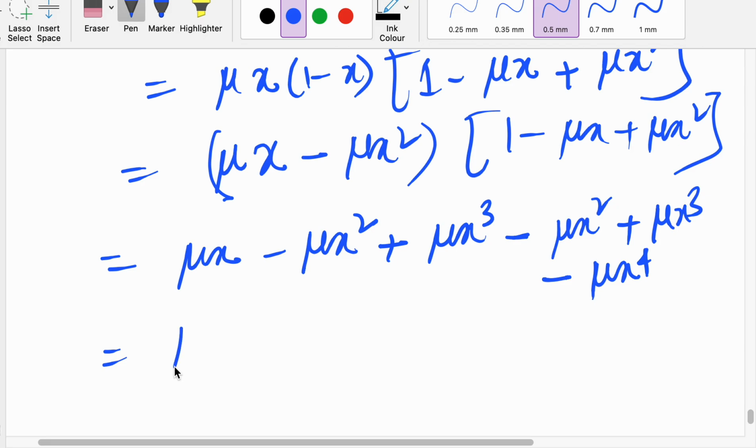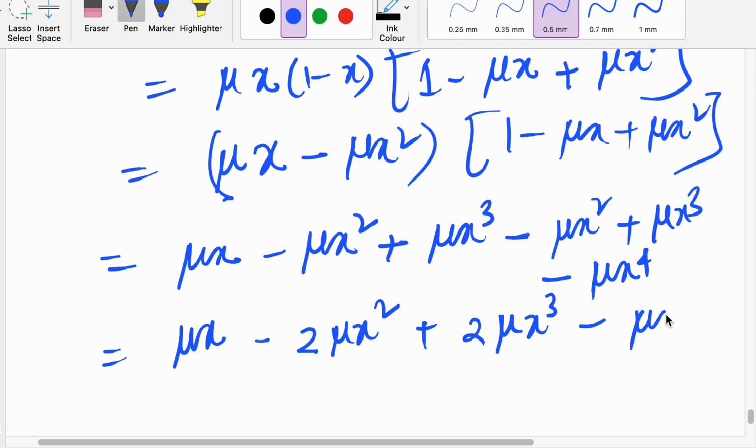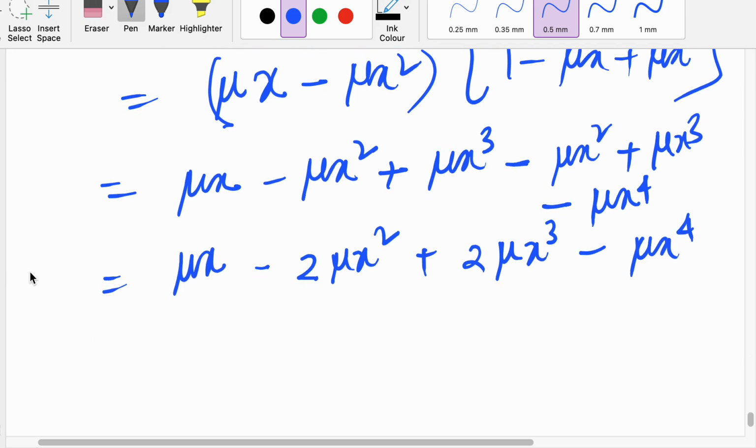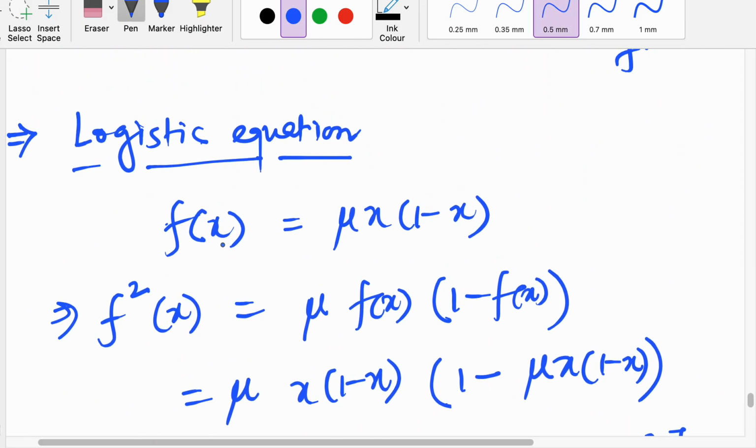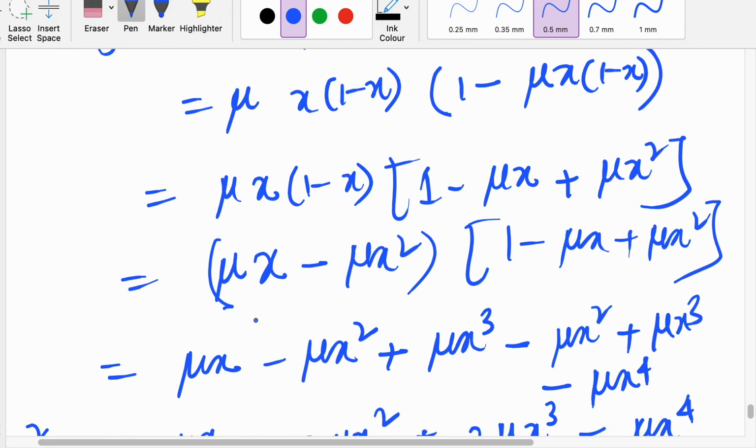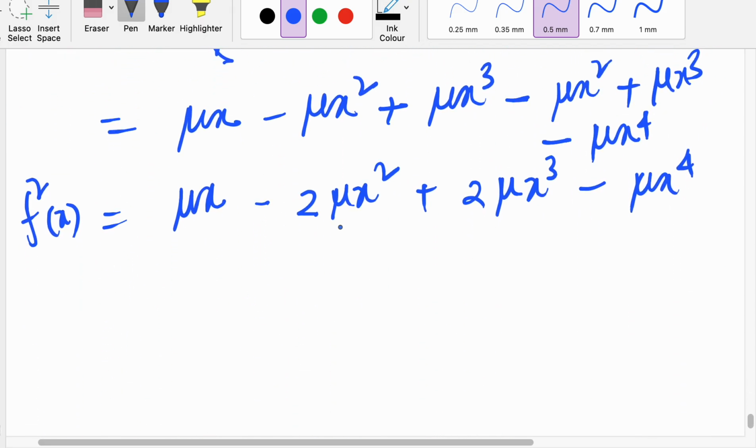So it looks like mu x minus 2 mu x square plus 2 mu x cube minus mu x to the power 4. This is if I iterate 2 times by f on any point x: f square will be mu x minus 2 mu x square plus 2 mu x cube minus mu x to the power 4.